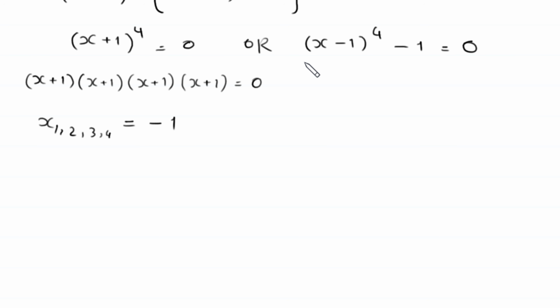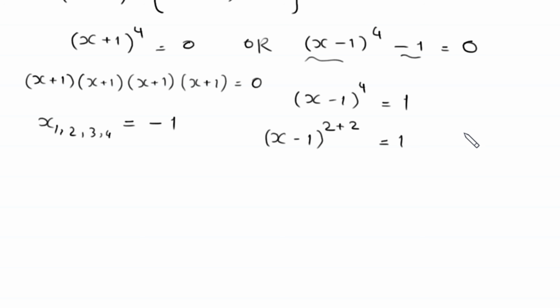Now from this equation we move this negative 1 to the right hand side. Then this equation will become x minus 1 whole to the power 4 is equal to 1. And this x minus 1 whole to the power 4 can be written as x minus 1 whole to the power 2 plus 2 is equal to 1.